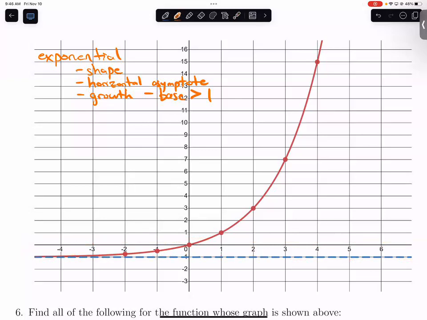Yeah. It's shifted down 1. Okay, so ignore that part then. Let's just think about the curve itself. And then at the very end, I'm just going to tack on a -1 on the outside to handle that part. The thing we really need to figure out is what the base is. How can we find that?